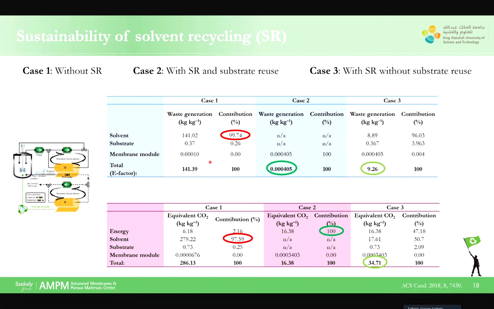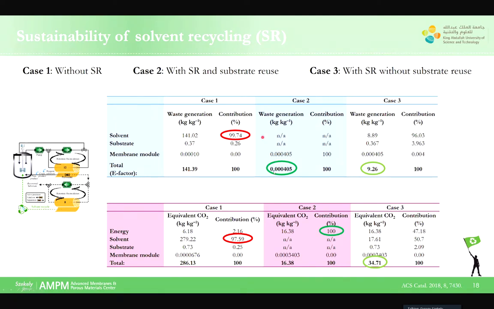And what you can see here is that the E factor significantly went down from 141 to 0.000405. And this is when we are reusing the substrate. If you're not reusing the substrate because we have some purity concerns, then we end up with a higher waste generation, but this is still significantly lower than without the membrane operation.